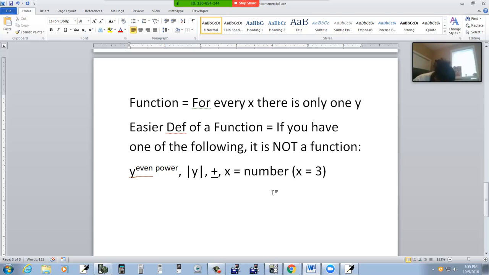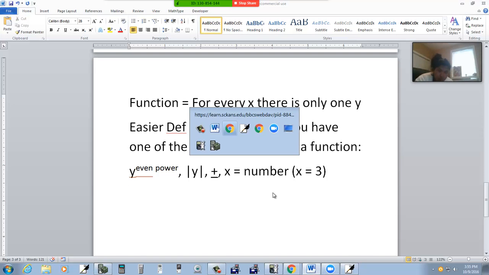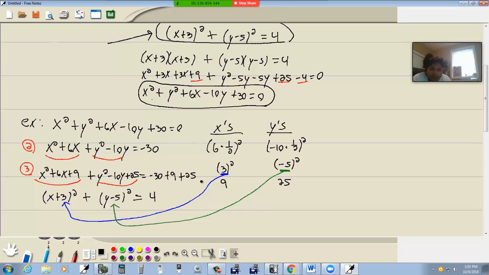You'll have some problems that just ask you to say if it is a function or not, if it represents a function. Now when I say it, I'm talking about you'd have a problem. Let me clear this off.